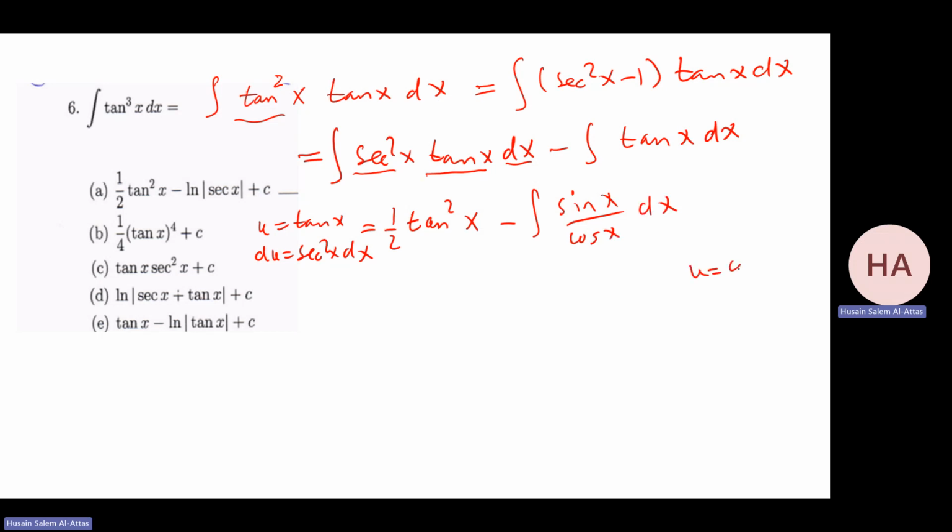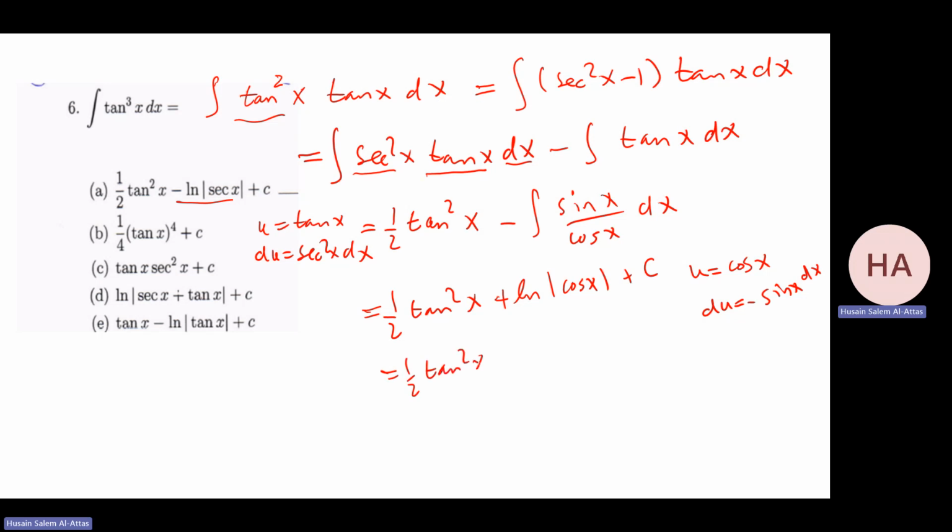So I let u be cosine, du will be minus sine x dx. So I have minus sine. That will be half tan square x minus du over u. That will be plus ln cosine x plus c. I don't have ln, but I have minus ln secant. Now this one, I can rewrite as ln of 1 over secant x, or secant x to the power minus 1.